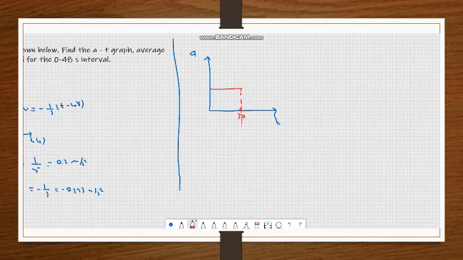Then after that, from 30 to 48 it is going to be minus 0.333. So here is 0.2, and here is 0.333, but it is on the minus side. Okay, let's put the unit meters per second squared. Here the time is in seconds.